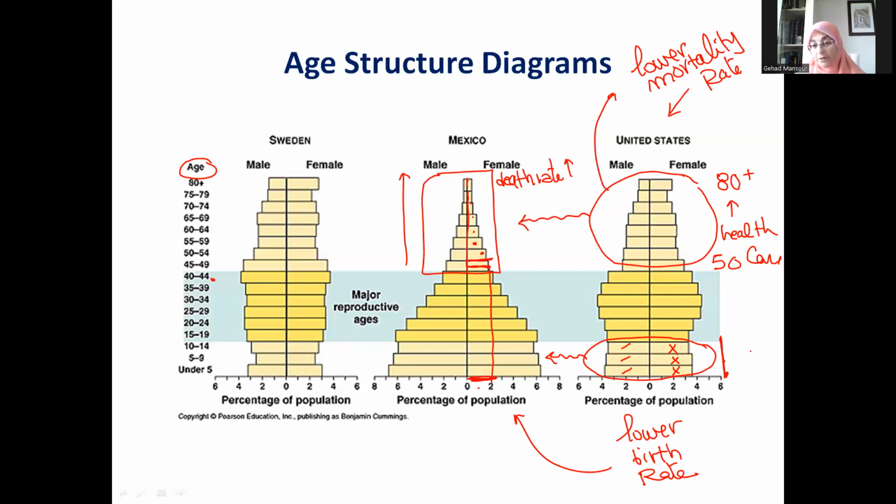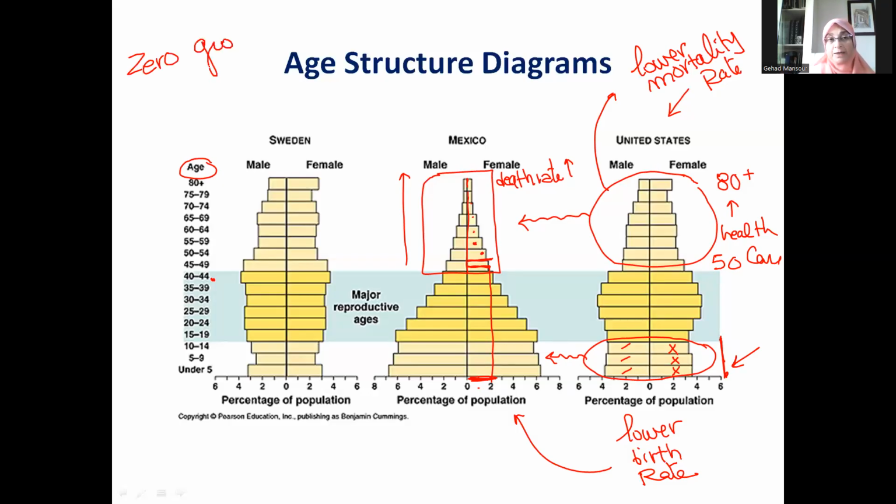Since you don't have a big number of offspring at the bottom, there wouldn't be an increase in the number of individuals, especially since the birth rate is almost equal to the death rate. They are both low in developed countries, and therefore there is zero growth for the population.